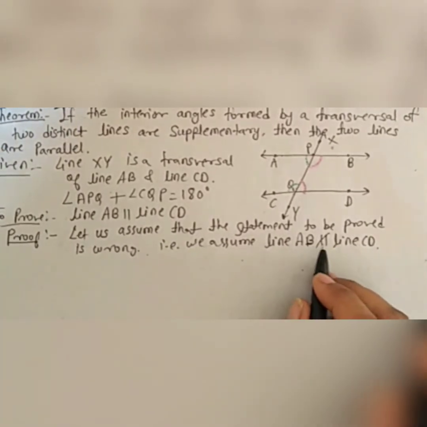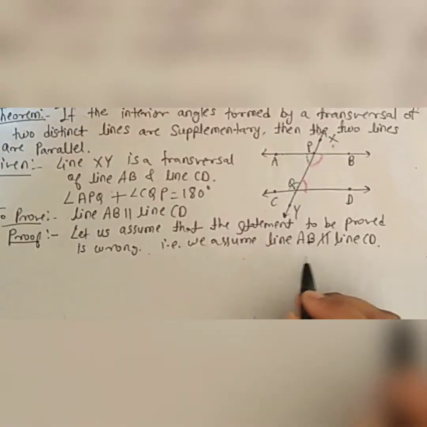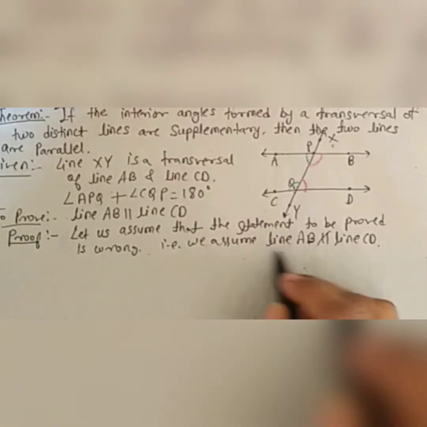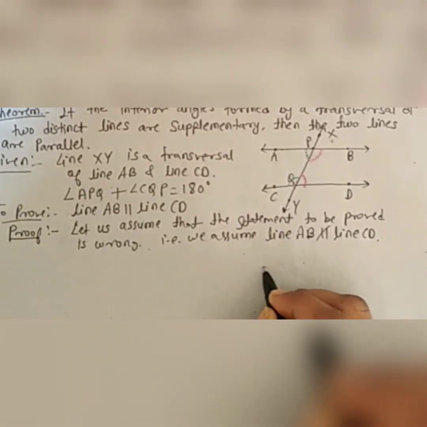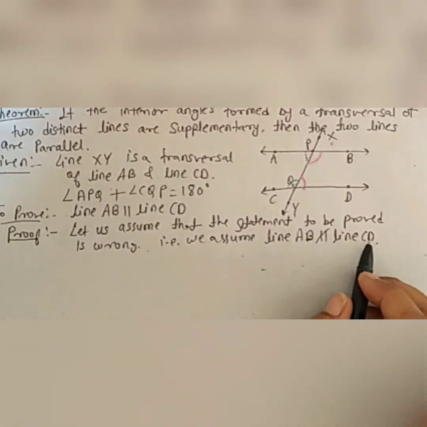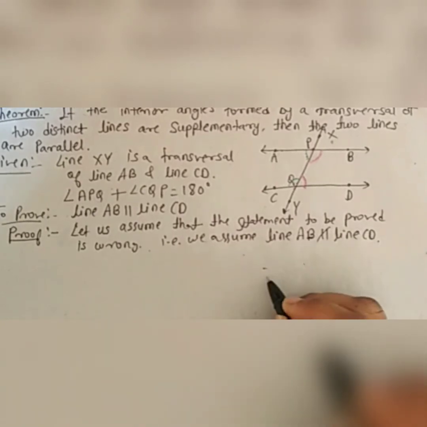Now we draw the figure for the wrong assumption. Line AB is not parallel to line CD. It means line AB is intersecting line CD at some point.